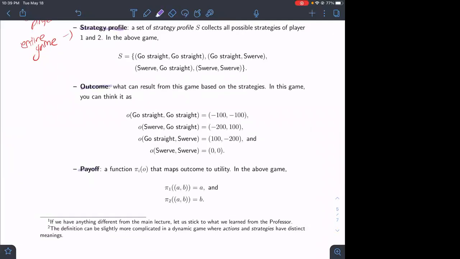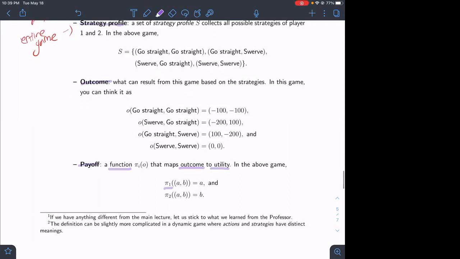And payoff is also easy to understand. Payoff is a function that maps outcome to utility. This one is a payoff function for player 1. So the sub-index 1 is for players. 1 means this is the payoff for player 1. So if I have an outcome A and B, I'll associate A with the payoff of player 1.